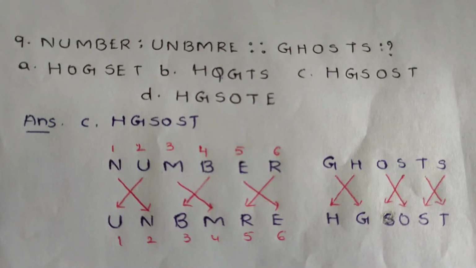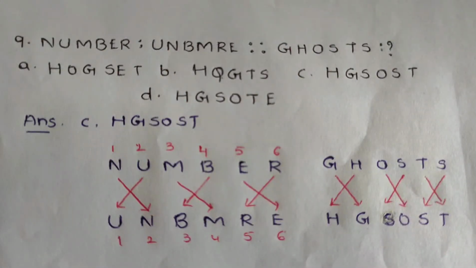The first part is NU, the second part is MB, and the third part is ER. So numbering them as 1, 2, 3, 4, 5, 6. In the result, they have written the second letter U in the first place, and they have written the first letter N in the second place.